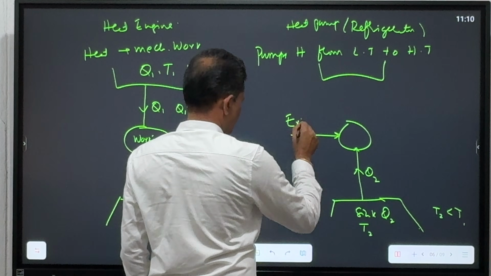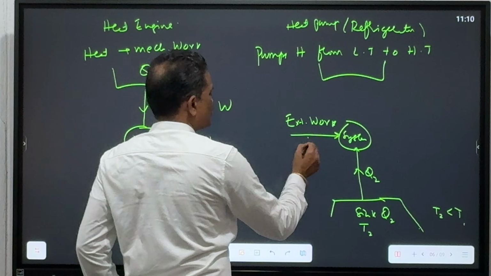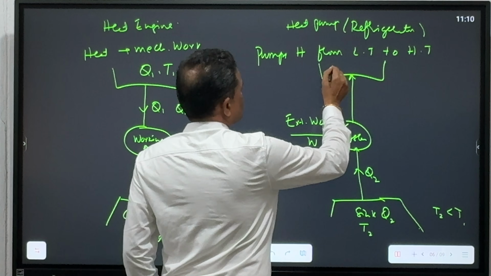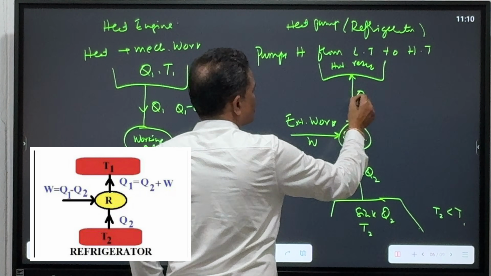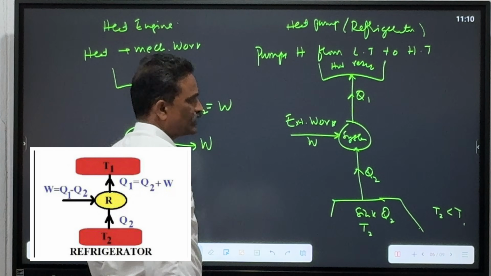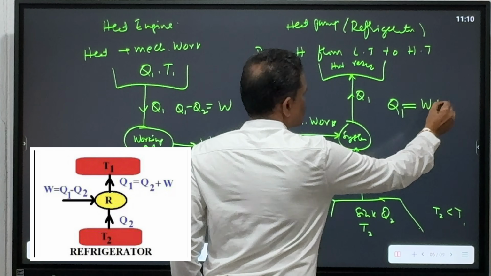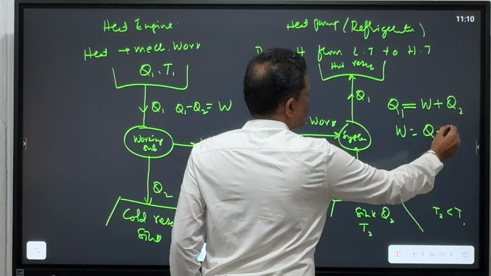So external work is done on the system. This Q2 and the work done W are added to the environment, the hot reservoir. Q1 is given. So I can write Q1 = W + Q2, or W = Q1 - Q2.